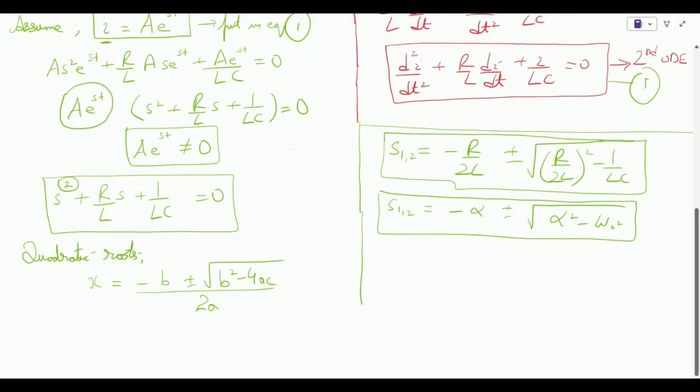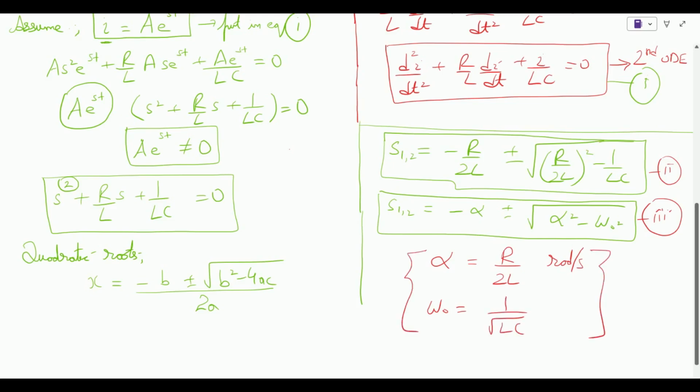So I can say this is my equation number 2, and equation number 3 is another way of writing the roots, where the Neper frequency alpha is R divided by 2L with units of radians per second, and the resonating frequency omega naught remains the same, which is 1 divided by under root LC.